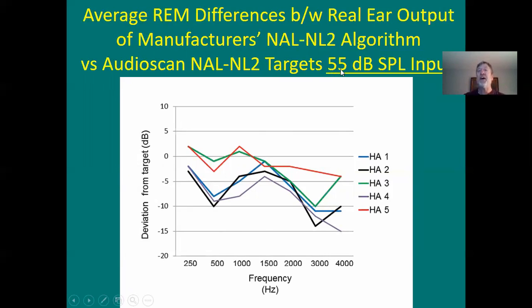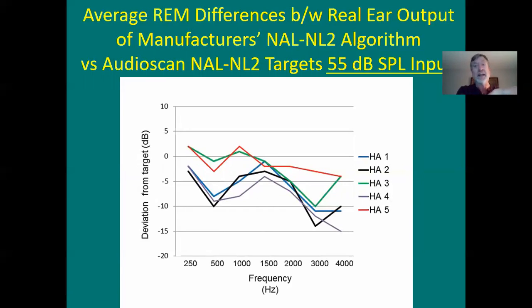So, 55 dB SPL inputs. Look at the vertical axis, deviation from the NAL2 target. Here's frequency, and how much do the manufacturers differ from the real ear measurement NAL2 targets?